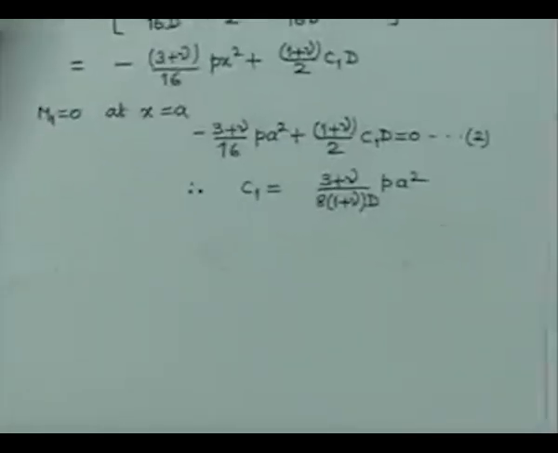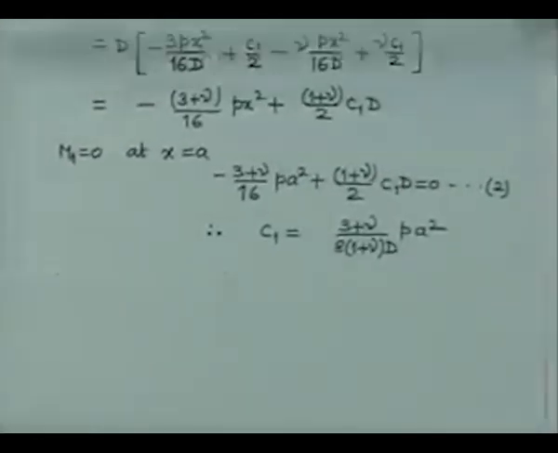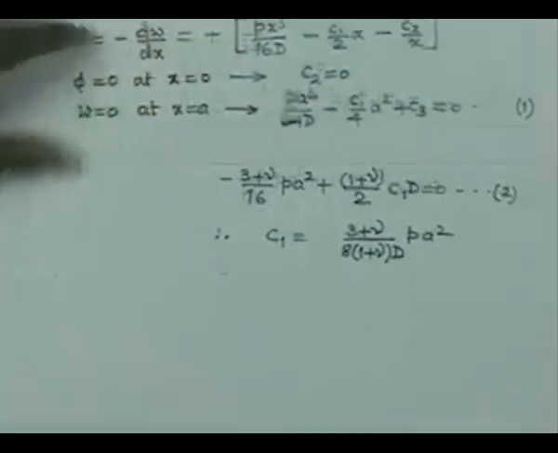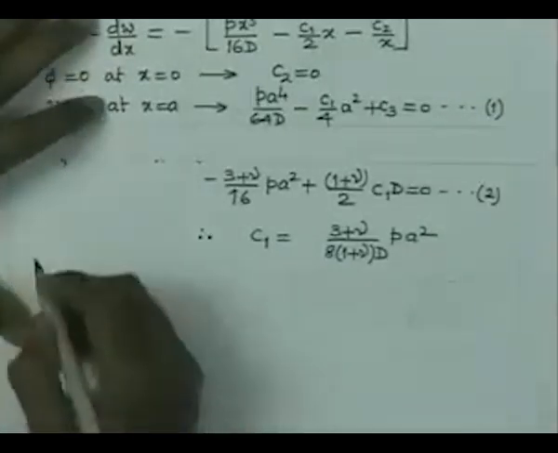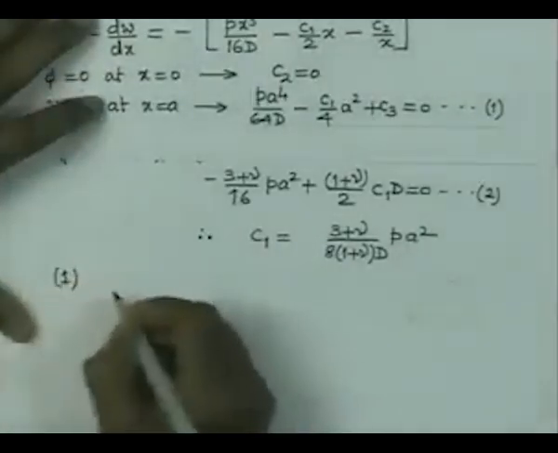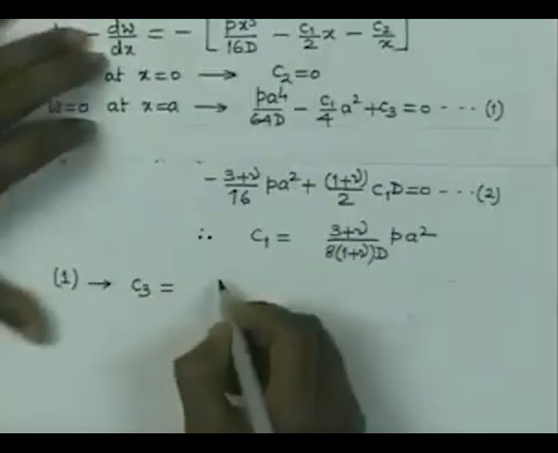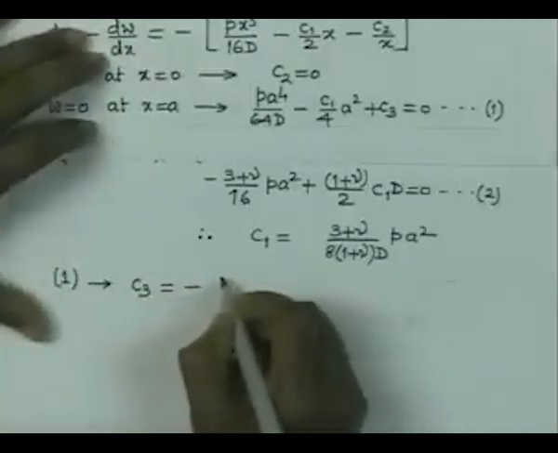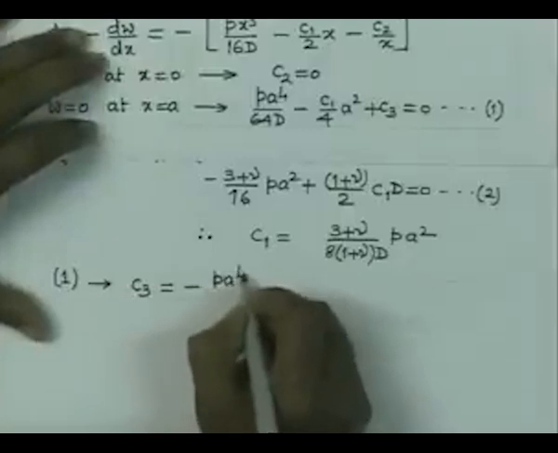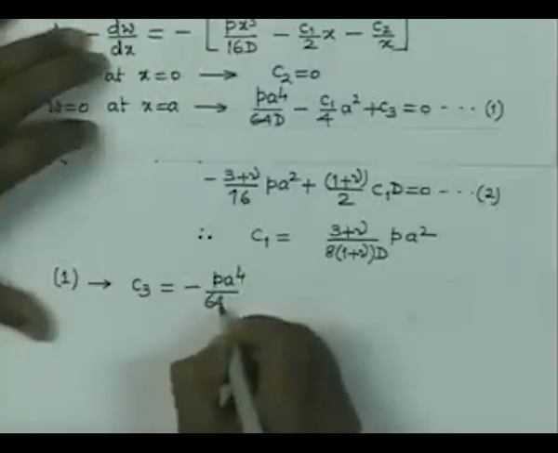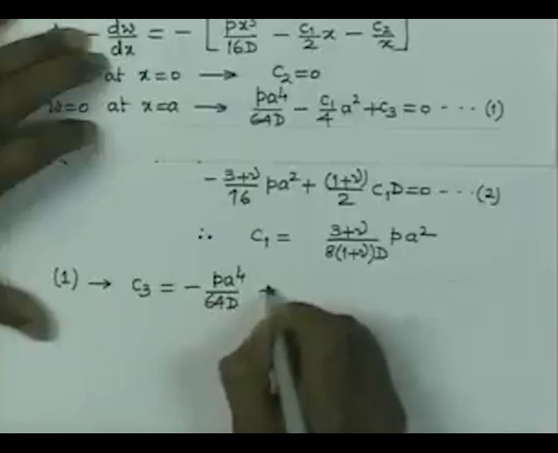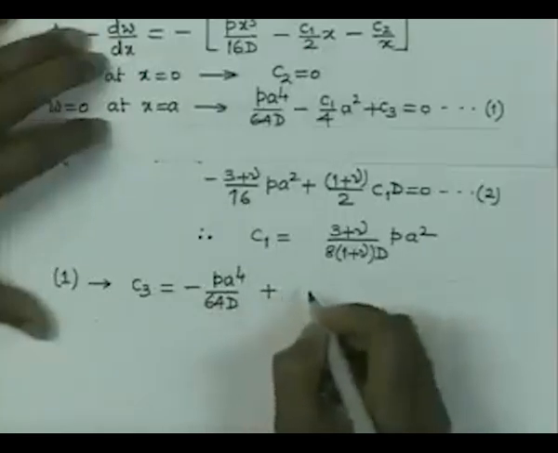And if we get back to earlier equation 1, from that equation, substituting the value of C1, we can now obtain C3. So, therefore, C3 is equal to minus p a^4 by 64D plus a square by 4 C1.